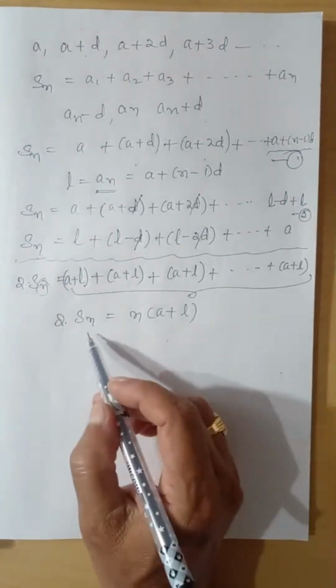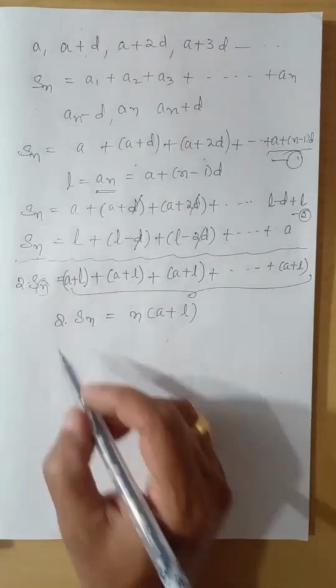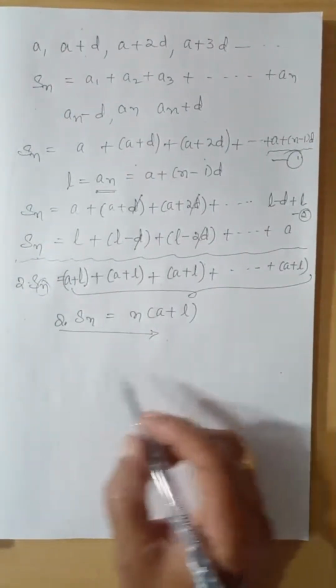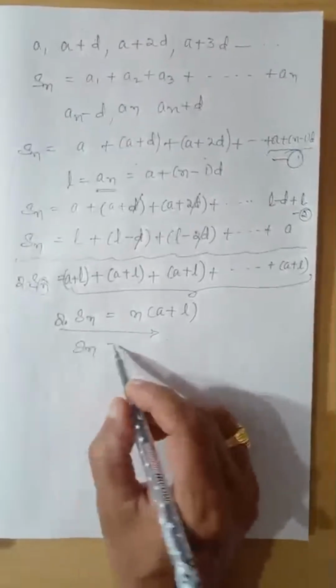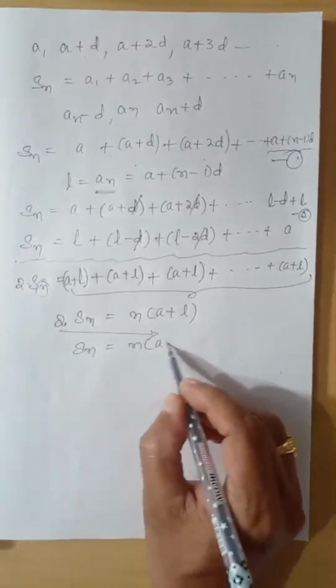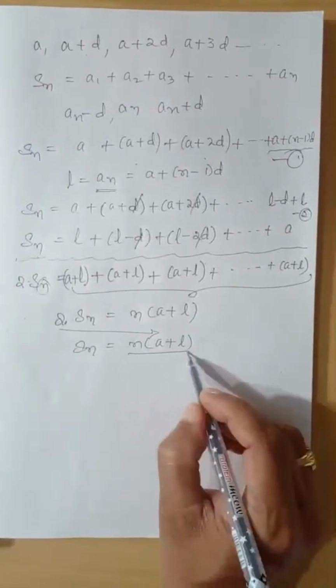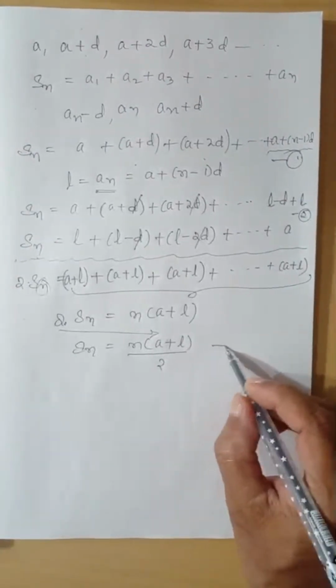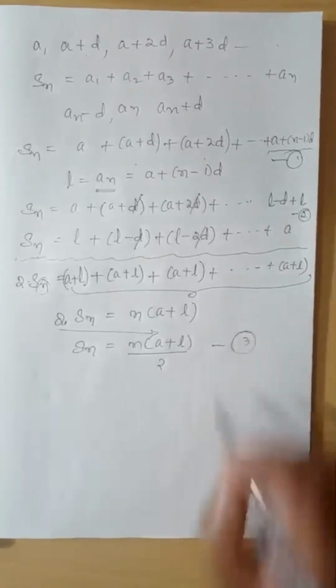I need to find the sum of the finite terms, so 2 is there, cross multiply. Then Sn is equal to n into a plus l divided by 2. This is also one type of relation. Take this as equation 3.